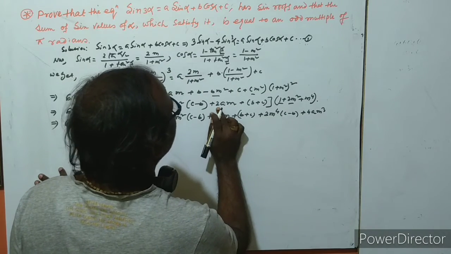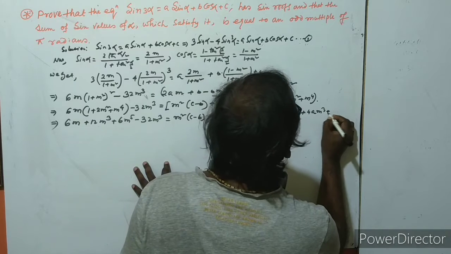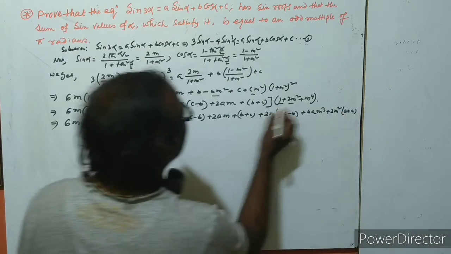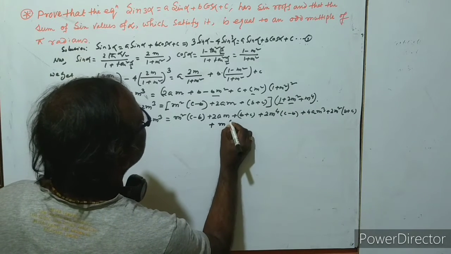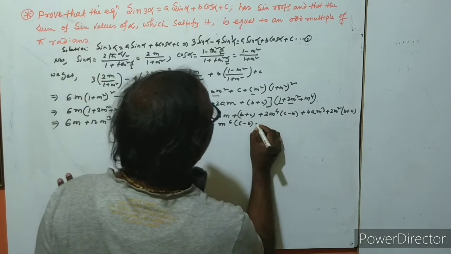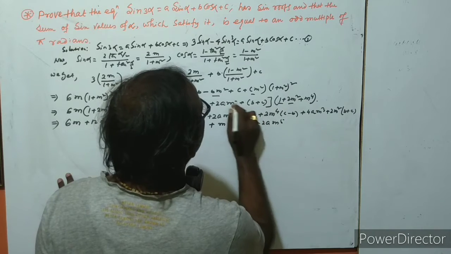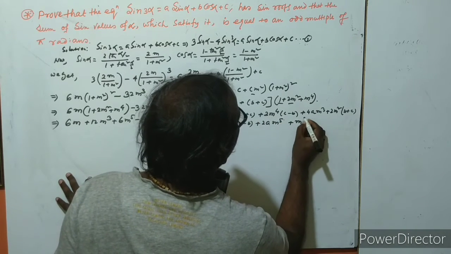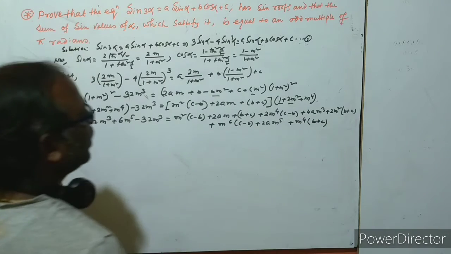This is multiplied by this 4am³, and multiply by this here, this is m² within the bracket b + c, and multiply by m⁴ here. So m⁶ into c − b, m⁵, and here m⁴, and that is b + c here.